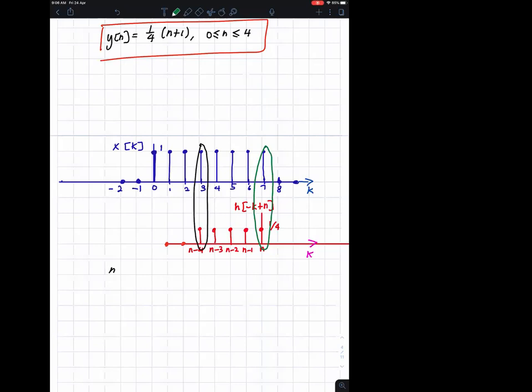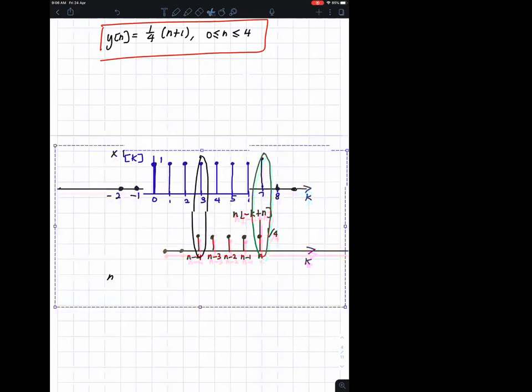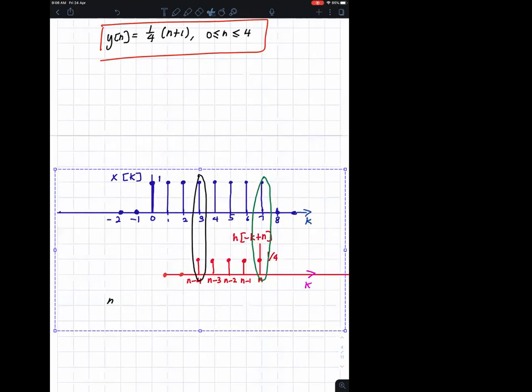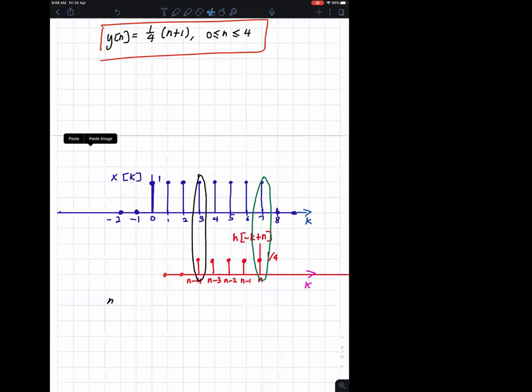So you need to write the range. What is your n going to be for part 3? Your n is less than what and greater than what?